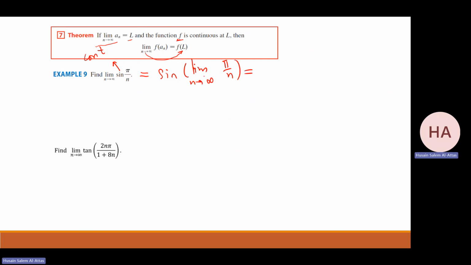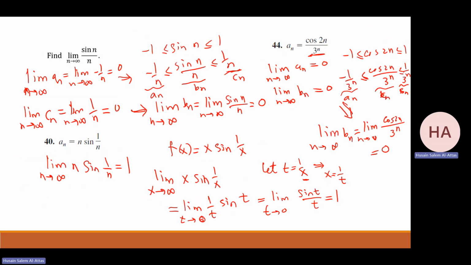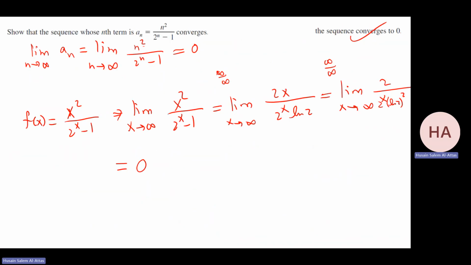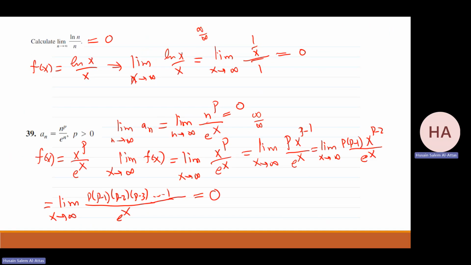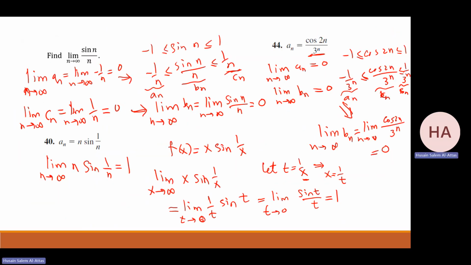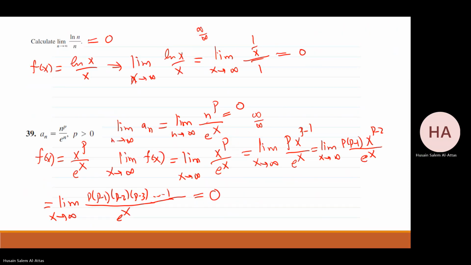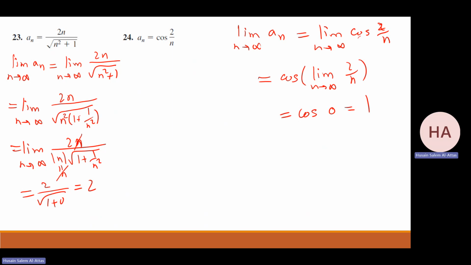And that will be sine 0, which is 0. By the way, this is the way which I did here. In which one? I think there is one with cosine somehow. I forget. There is one with cosine.